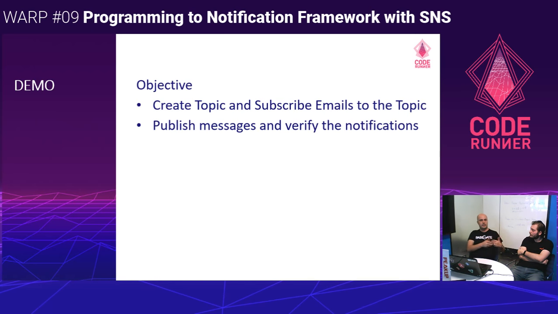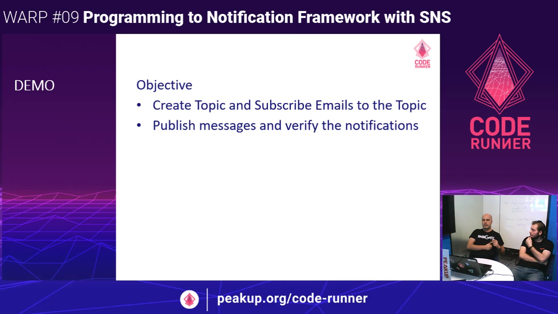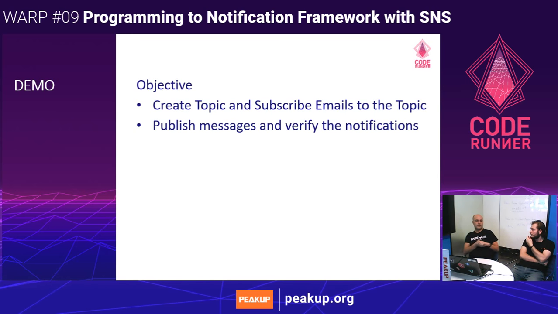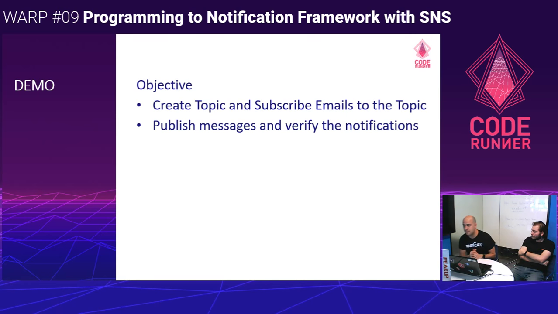First, I'm going to create two topics and then list the topics in my region, and then I'm going to subscribe to one of the topics. Lastly, I'm going to publish a message to the topic, and whoever subscribed to the topic can get the email or a short message, SMS.